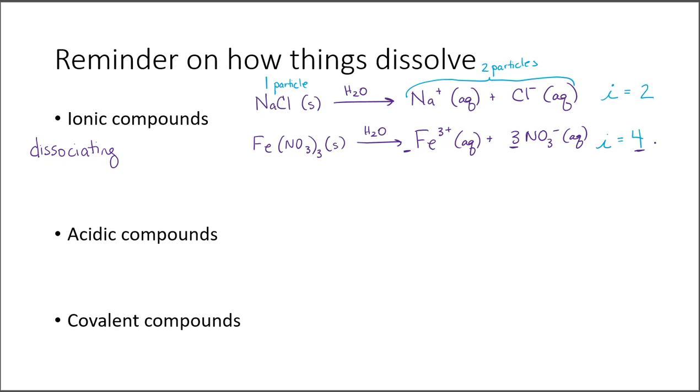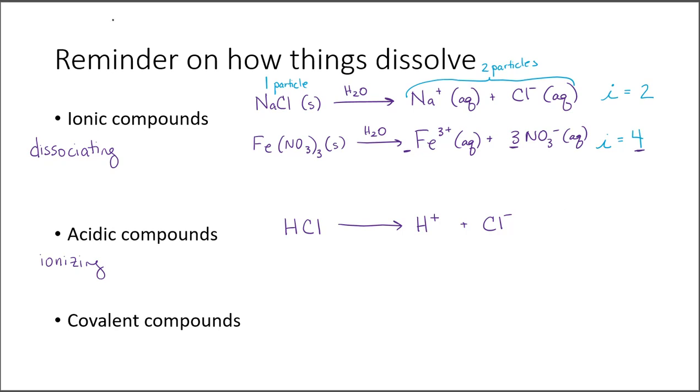All right. So please, this is important. Ionic compounds that dissolve in water dissolve by dissociating. Acidic compounds: hydrochloric acid is an acidic compound. Hydrochloric acid dissolves by ionizing, and for right now, we can say that it ionizes into a proton and a chloride.